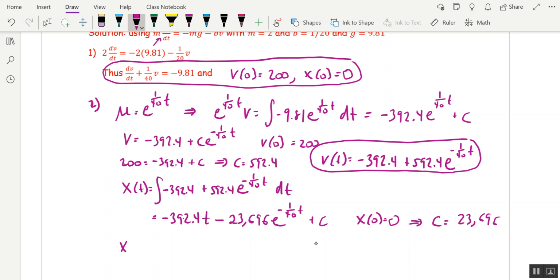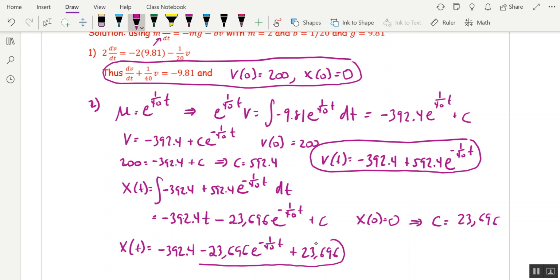So our x of t is negative 392.4 minus 23,696 e to the negative 1 over 40t plus 23,696. Okay, that's the boring stuff.